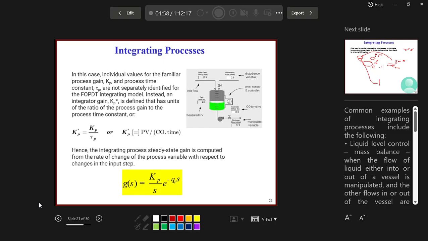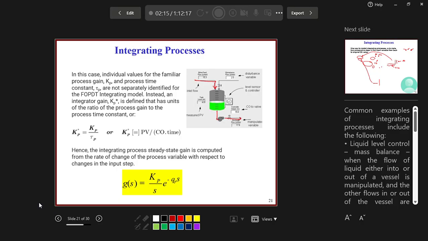So coming back to the simple example of a liquid tank, here we have a liquid tank with an inlet flow into the tank, and there is an exit from the tank.